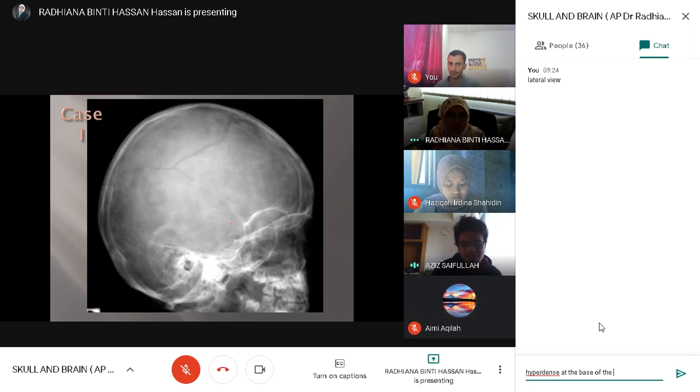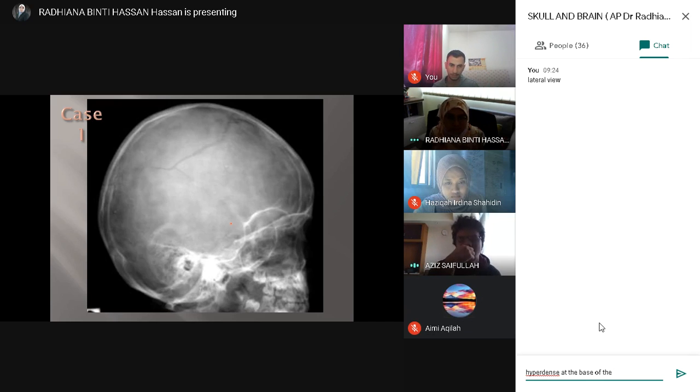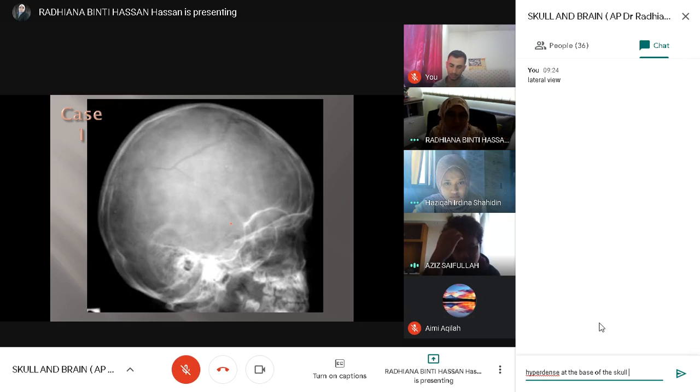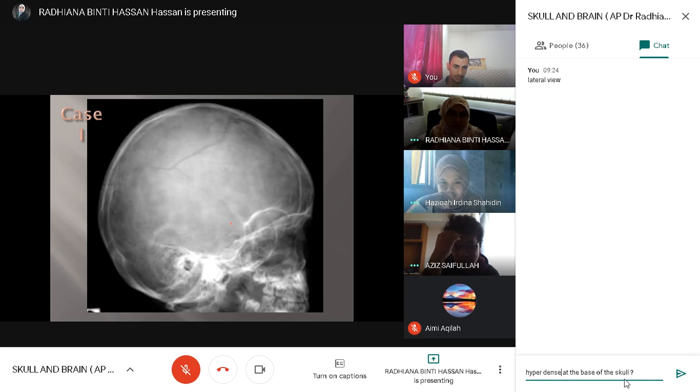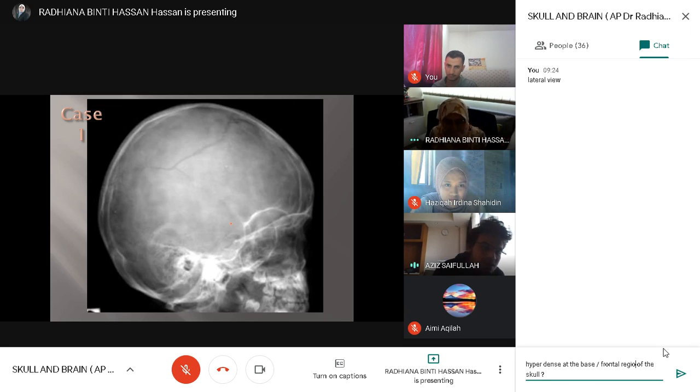There's a fracture at the superior parietal region, continuing from the parietal and it extends until near towards the occipital.